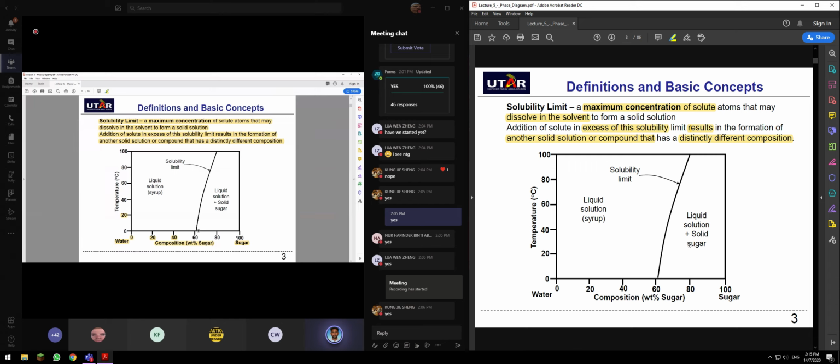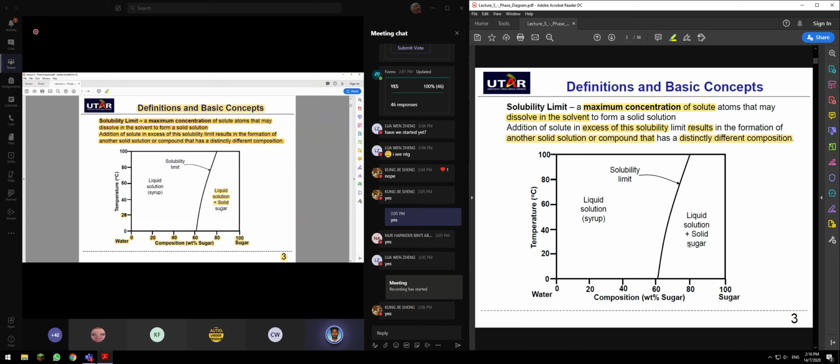It means that in 100 grams of water, 63 grams of sugar is reaching its solubility limit. When you add more sugar after that, the sugar cannot dissolve into the water. So you have two types of phase in that system, which is liquid solution and solid sugar. The sugar doesn't dissolve. I'm talking about 20 degrees Celsius.